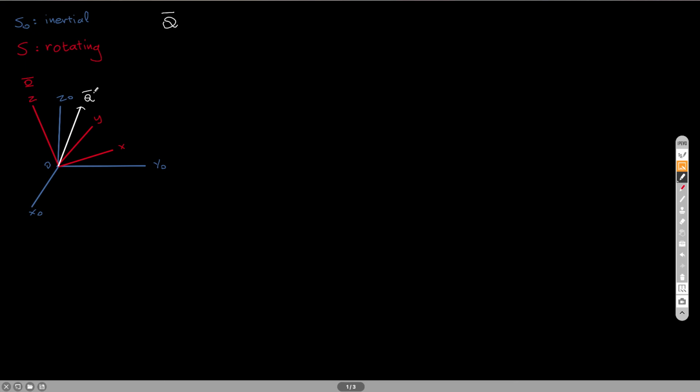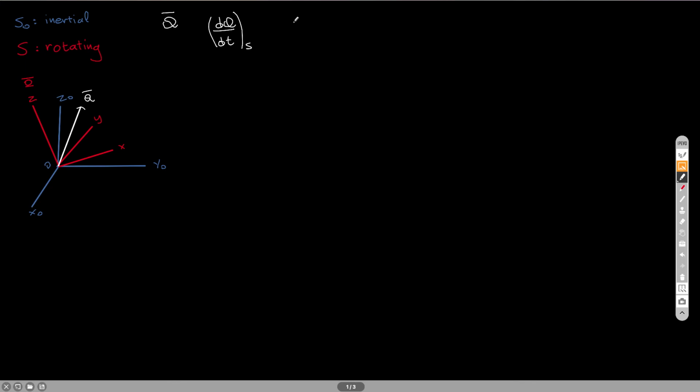It's just a vector at this point. I can take the time derivative of this vector q with respect to the rotating frame of reference and with respect to the inertial frame of reference.